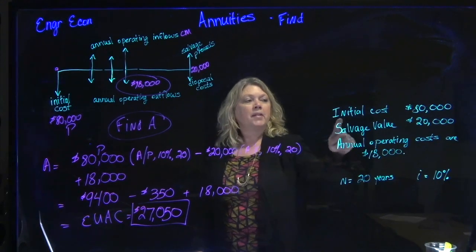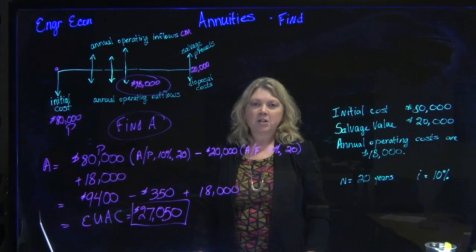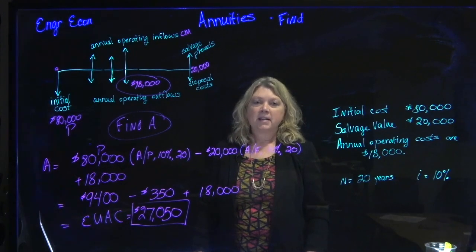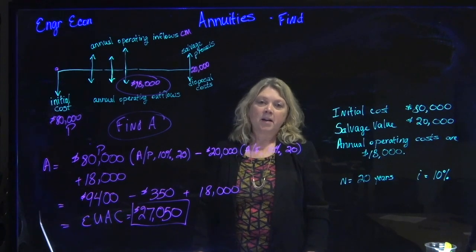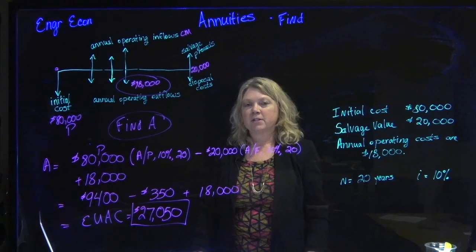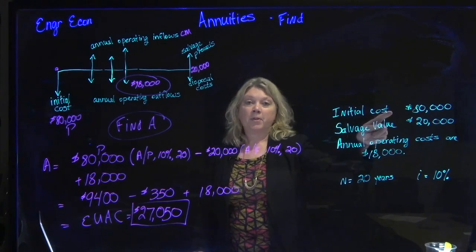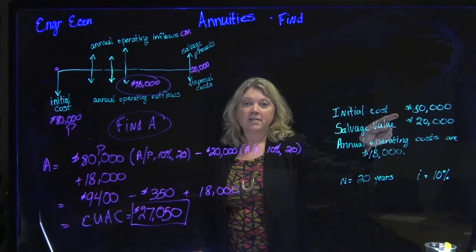In this example, the initial cost is $80,000, which includes the cost of the machine, freight, sales tax, and setup costs like laying a cement pad, installing water lines, electricity lines, and so forth. All that is added together to come up with a total estimate of initial cost.